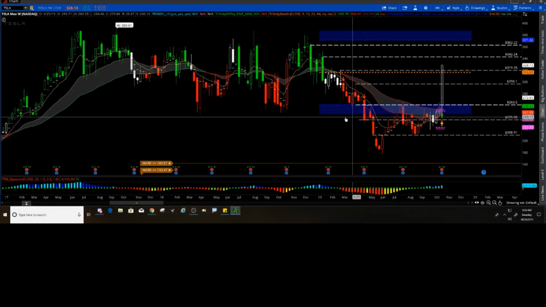Now let's talk about on the way down. So we also have the opposite of that. We have these type of trades, and these are continuation candles to the upside.